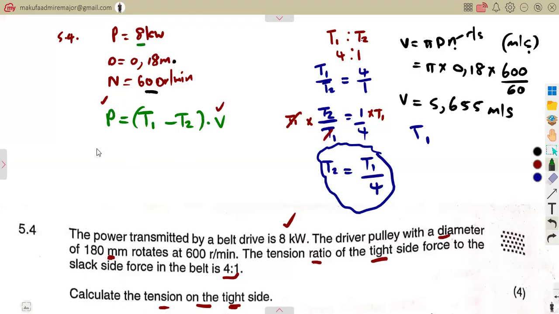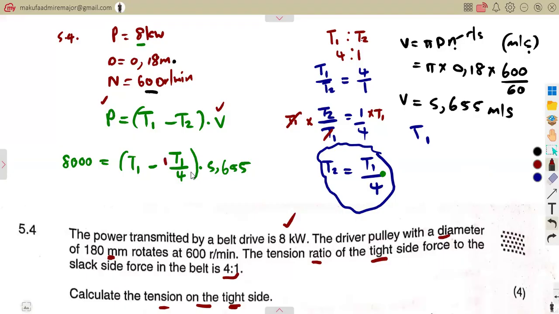So let's substitute the power, 8 kilowatt. That means 8,000 power is equal to T1, which is the one you are supposed to calculate, minus T2 in terms of T1, that's T1 over 4, times the velocity we calculated, that's 5,655. So you formulated an equation that you can use to calculate T1.